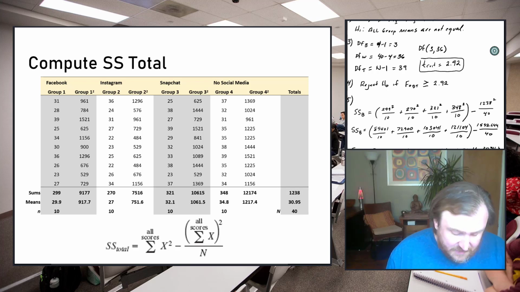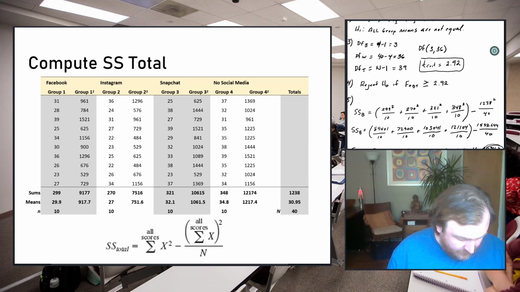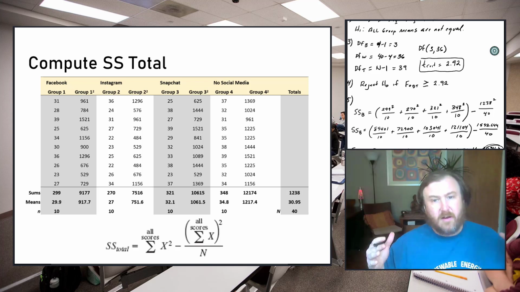That value was 38316.1. You can find that right here. Okay, and so sum of squares total is equal to 1165.9. So this is what we got whenever we did the computation of this.